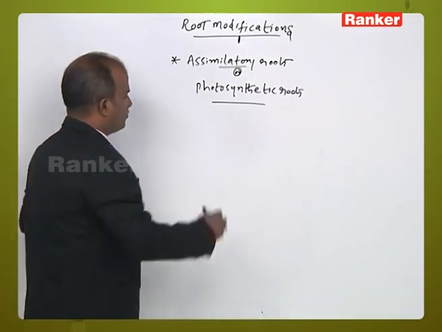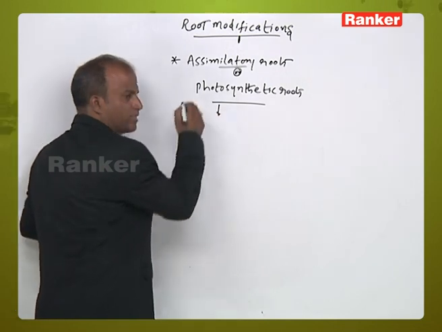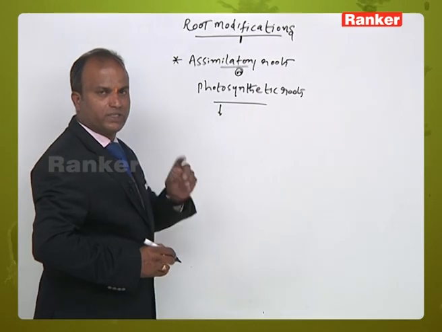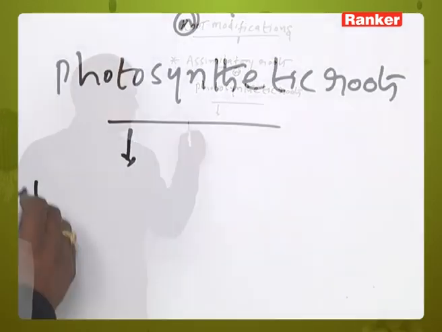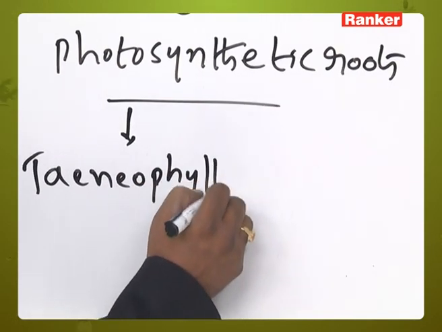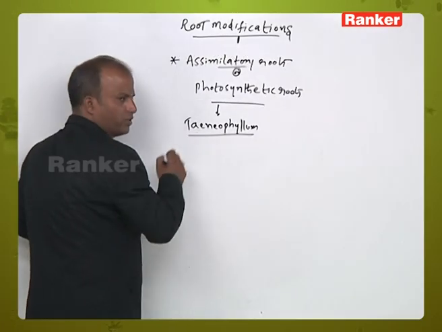What is the example for assimilatory roots, also called photosynthetic roots? One example is Taeniophyllum.